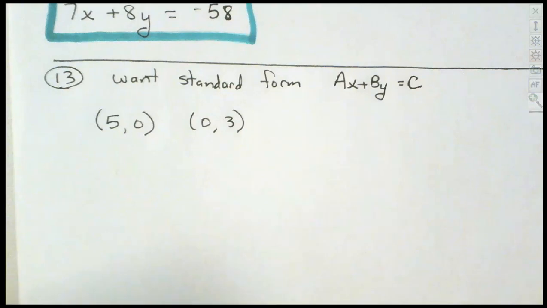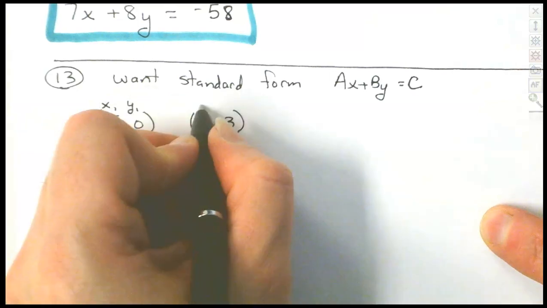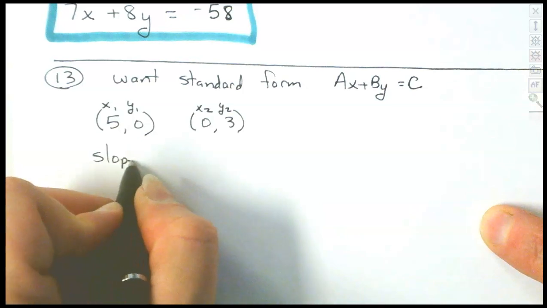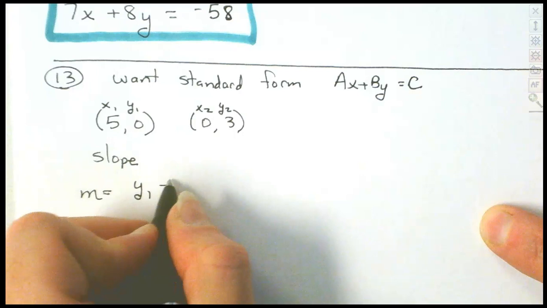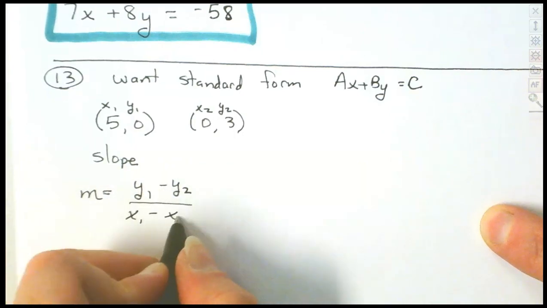What do we have? 2 points. What do we find? Our slope. So x1, y1, x2, y2. And what's our slope formula? Slope formula is m equals y1 minus y2 over x1 minus x2.